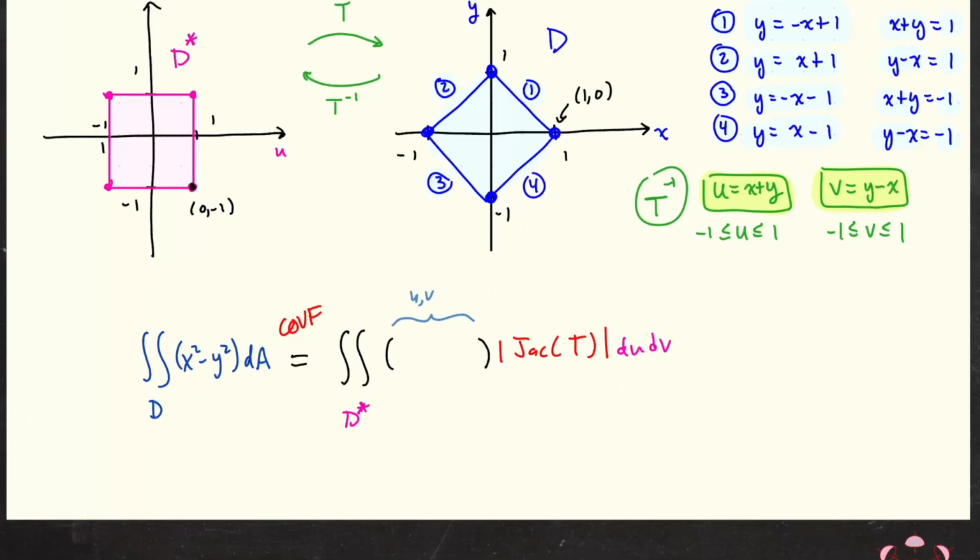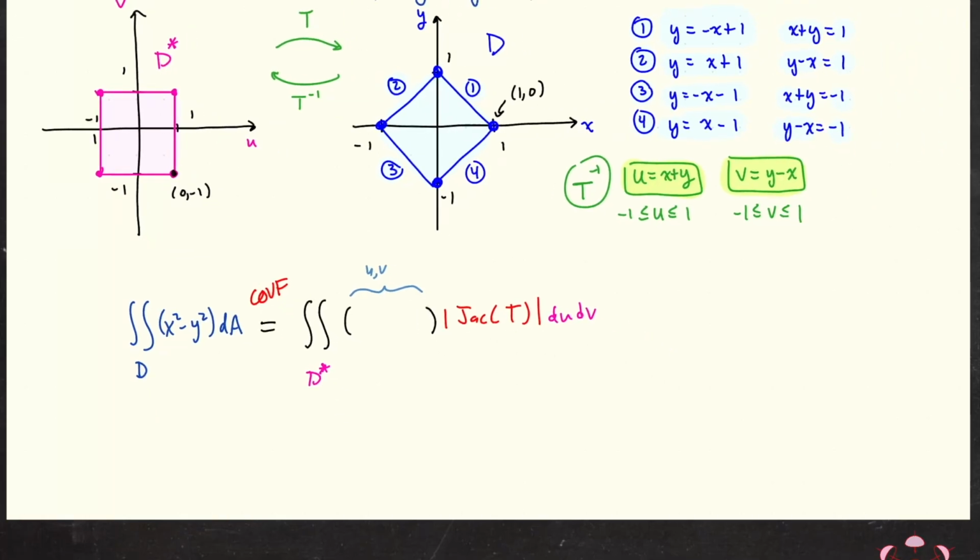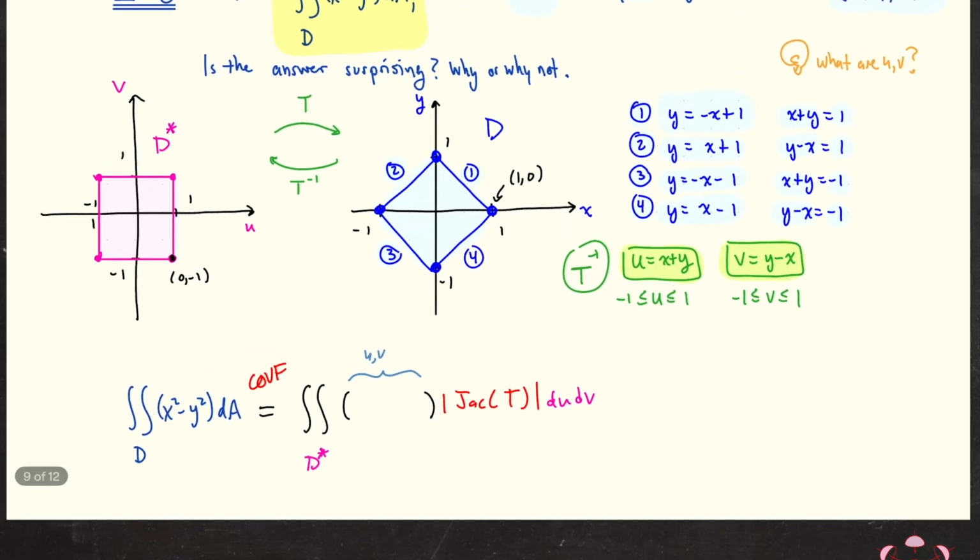So first, can we figure out what x squared minus y squared is in terms of the new coordinates? Think, I have to somehow get u and v into the picture. u is x plus y, v is y minus x. Now this is where we've got to be a little careful, because now you're thinking, let's factor.